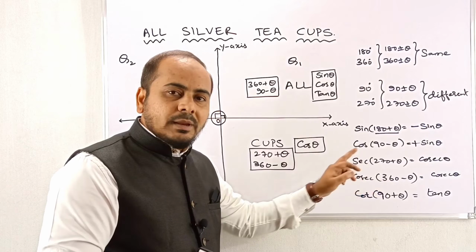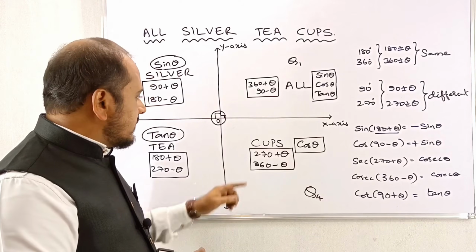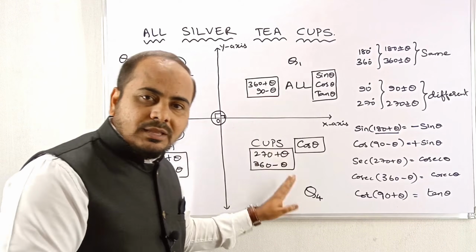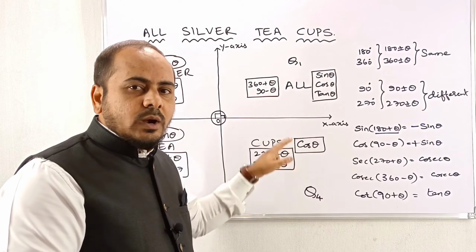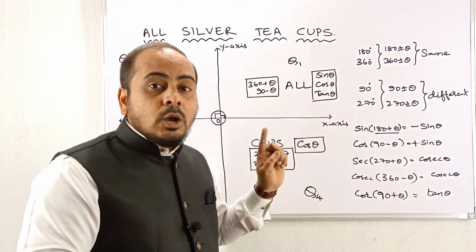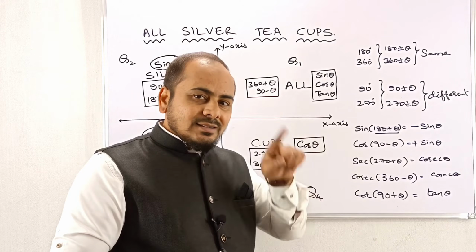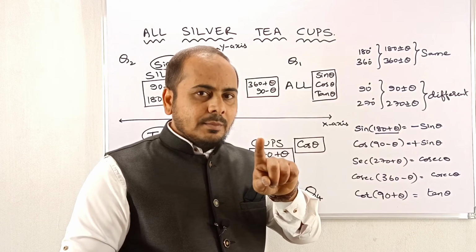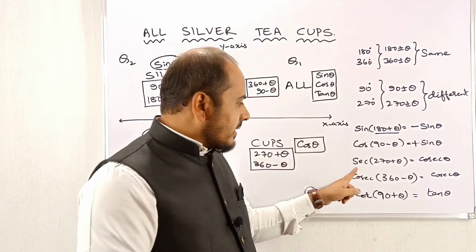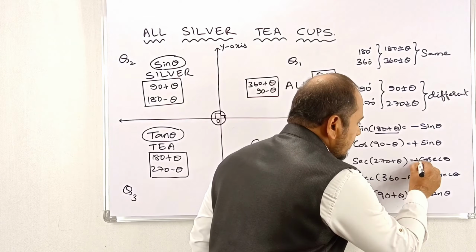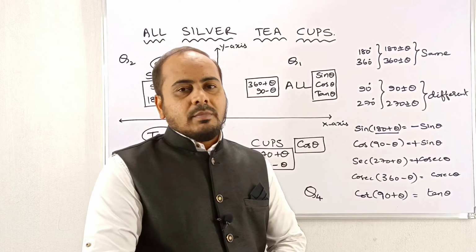Now sec 270 plus theta. 270 plus theta comes in the fourth quadrant. All Silver Tea Cups, cos is positive. Cos reciprocal is sec. Getting my point? Cos reciprocal is sec, that means this value also will be positive. That you remember.